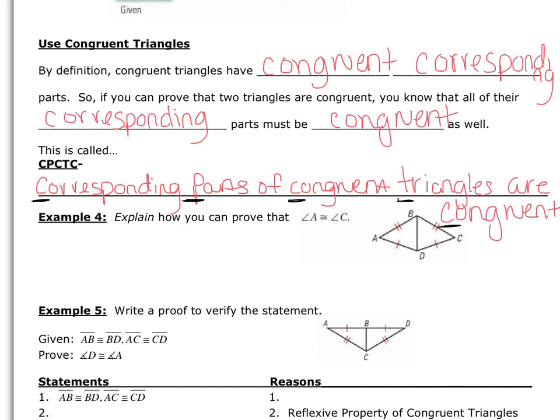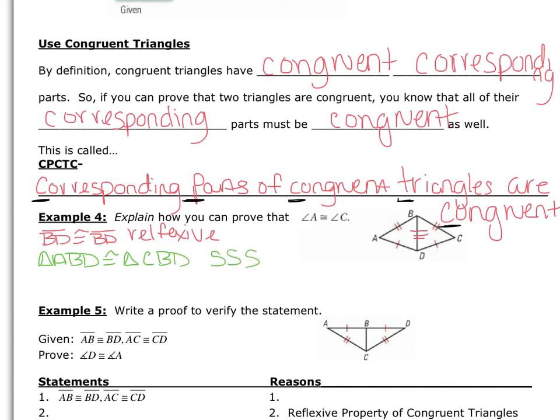In example 4, explain how you can prove that angle A is congruent to angle C. Well, right away, these triangles are sharing a side, so I've got to mark that reflexive. Since BD is congruent to BD because of reflexive, you now can say that triangle ABD is congruent to triangle CBD because you have side, side, side.